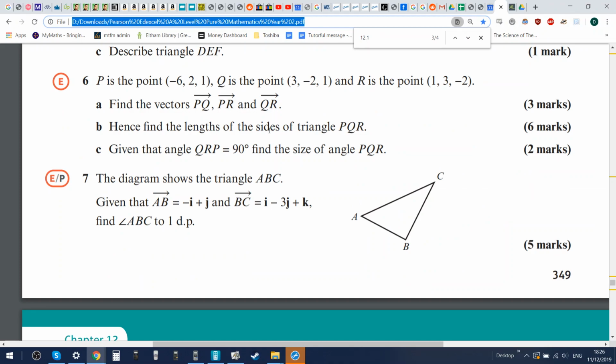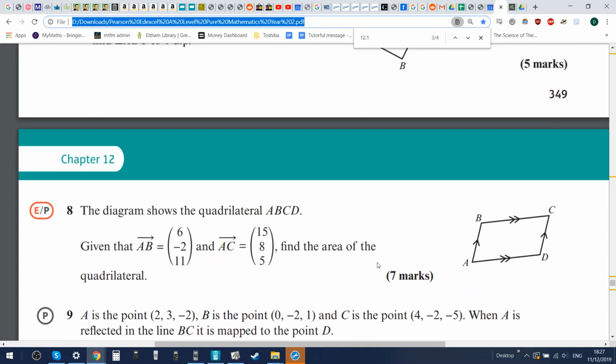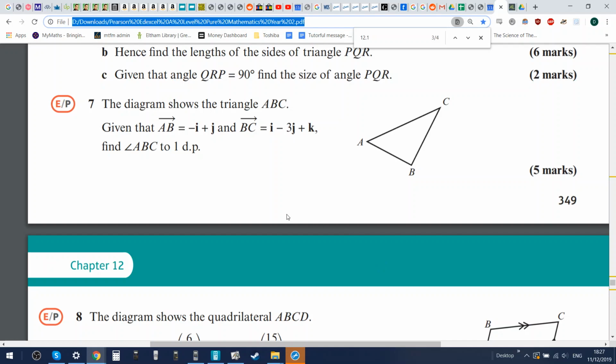We go back to this question 7. AB is that. BC is that. Find A, B, C. A to B. Are they doing some silly thing where, because it's B to C, so you have to do it backwards? So let me think about this.